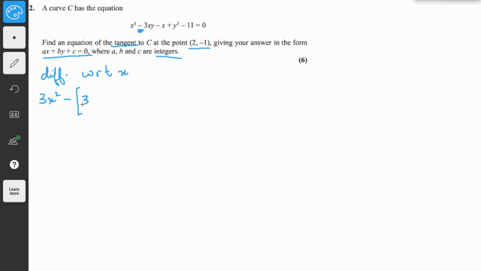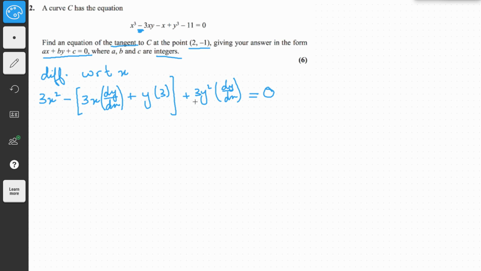So it's 3x times the differential of y, which is just 1 times dy/dx, plus y times the differential of 3x, which is 3. And then close the brackets. The next term is y cubed, which, if we differentiate it, we get 3y squared times dy/dx. And then negative 11 is just 0, so equals 0.